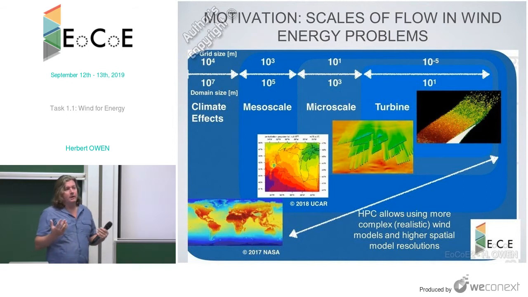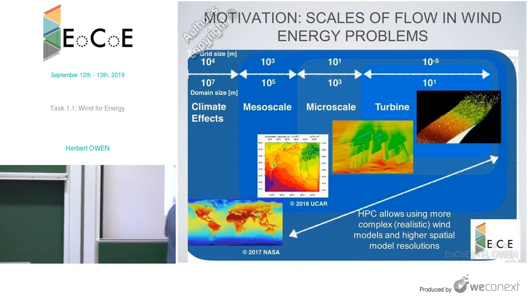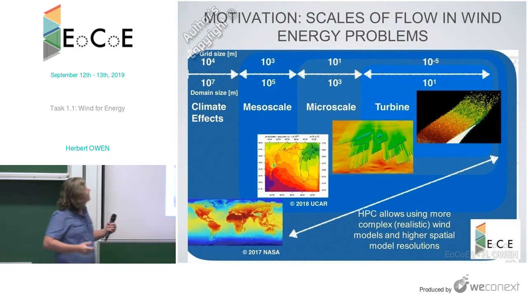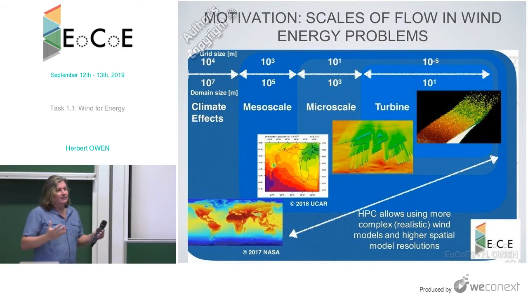The wind turbines are taken into account as a porous media, as a force that opposes the fluid. There you can see several wind turbines, and then you can see the wakes that are formed. This is important for the people in the wind company, because they want to place their wind turbines so that they get the least interference between one and the other, because this makes them lose a lot of energy.